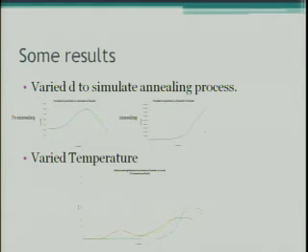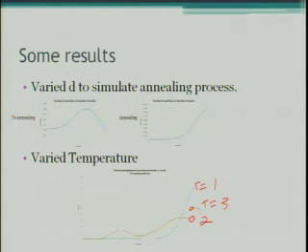And here is a graph of when I vary temperature. You might not be able to see it, but the first graph is the lowest temperature, T equals 1, this graph is the highest temperature, T equals 3, and this graph is the medium temperature, T equals 2.